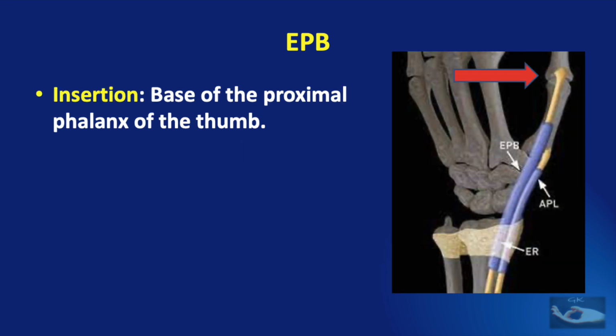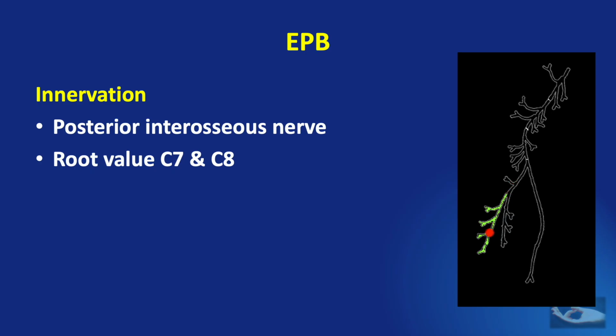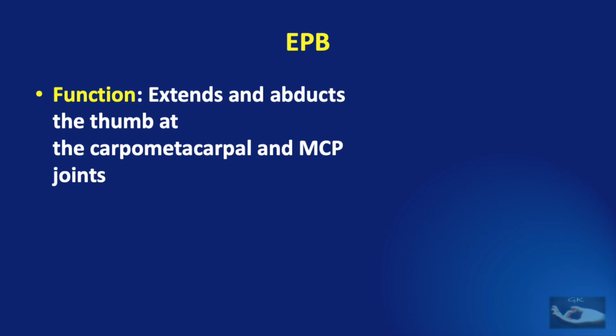The tendon is inserted on the base of the proximal phalanx of the thumb and innervated by a branch from the posterior interosseous nerve with a root value of C7, C8. The extensor pollicis brevis extends and abducts the thumb at the carpometacarpal and metacarpophalangeal joints.